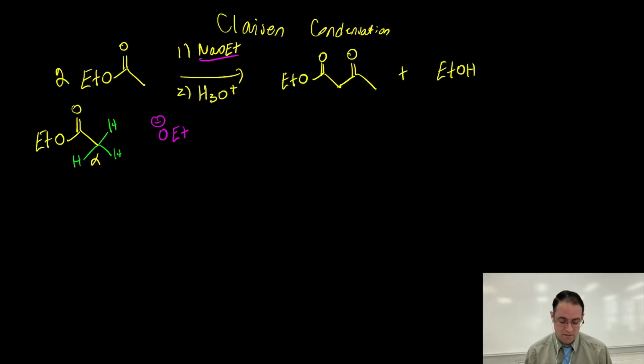So sodium ethoxide is an alkoxide. The sodium atom is of course a spectator ion, so you just leave it off. The negatively charged oxygen is a suitable base to deprotonate this, and you form the enolate. So I call this step deprotonation. And technically this is in equilibrium here, okay? So what we get is the enolate of our ester, okay?